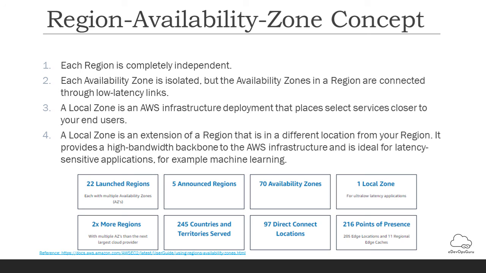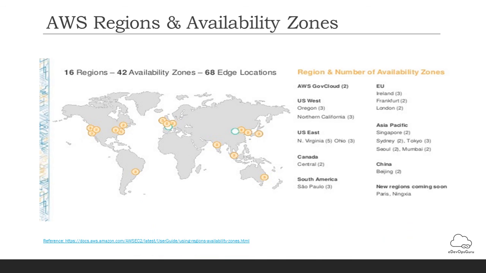A local zone is an extension of a region that is in a different location from your region. It provides a high bandwidth backbone to the AWS infrastructure and is ideal for latency sensitive applications, for example, machine learning. This is the pictorial view of the AWS regions and availability zones spread across the globe.